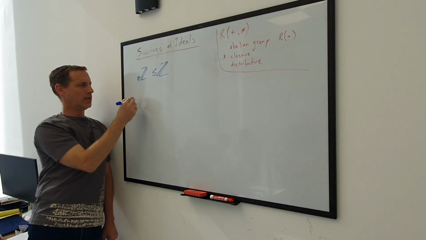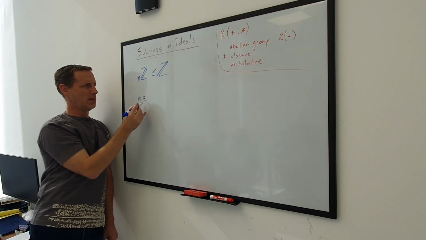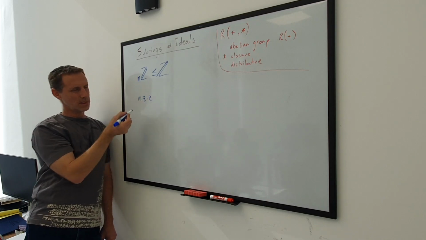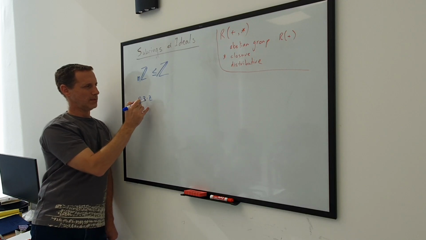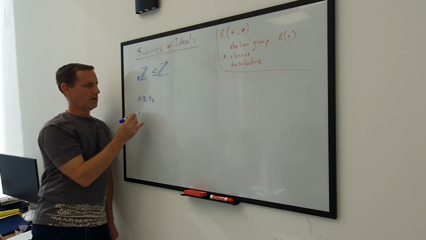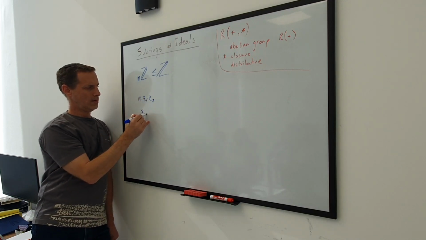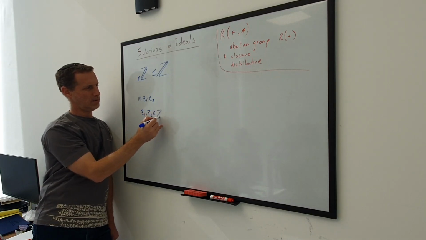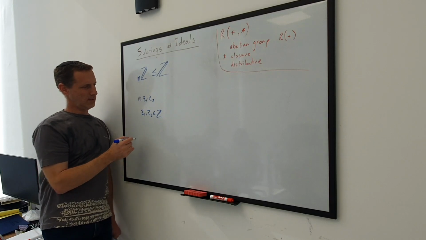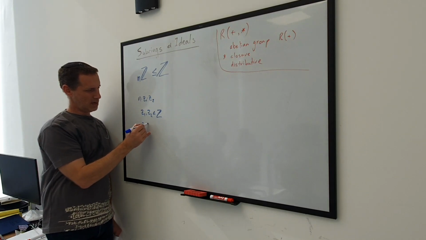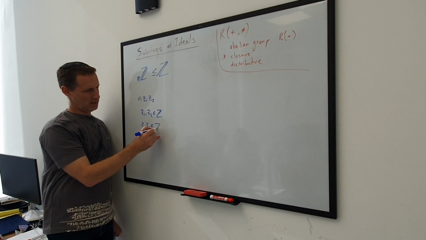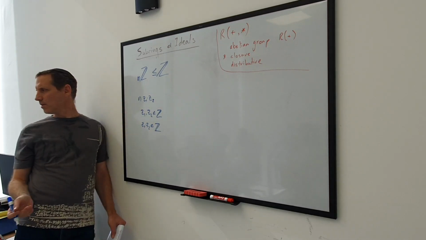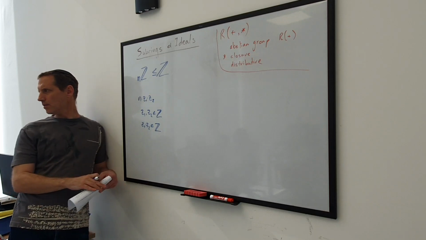I would get n times z, where z1, z2 are in Z, which is a ring, so z1 times z2 is in Z, so then we get again nZ. So that is an ideal.